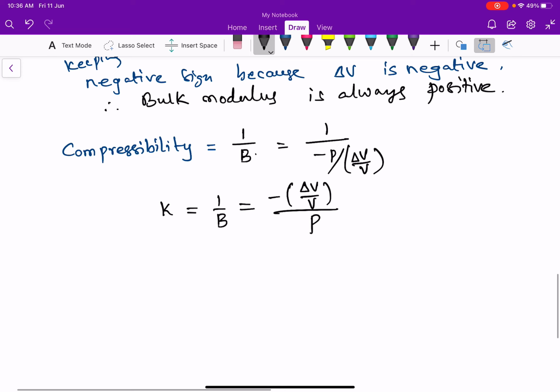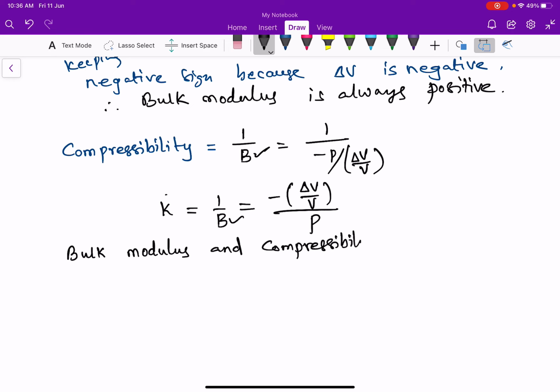So if bulk modulus is more, compressibility is less. Bulk modulus and compressibility are inversely proportional to each other.